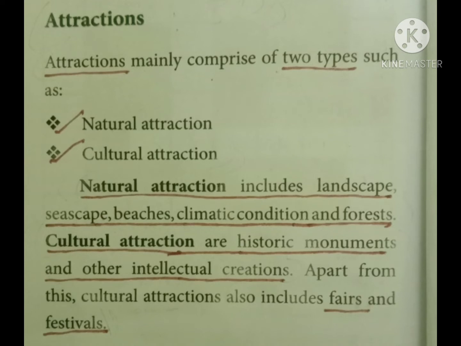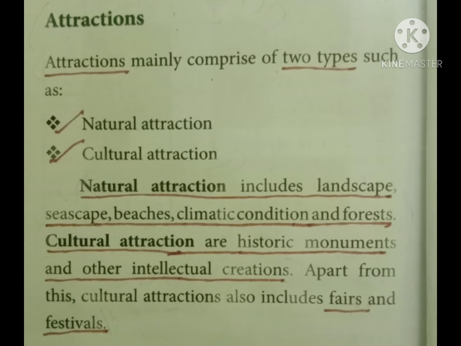The first component is attraction. Attraction is a very important component to attract people to visit a particular place, isn't it? This attraction mainly comprises two types. One is natural attraction, the second is cultural attraction.